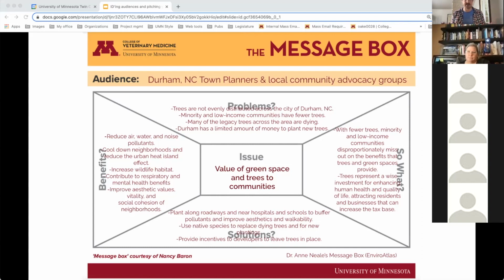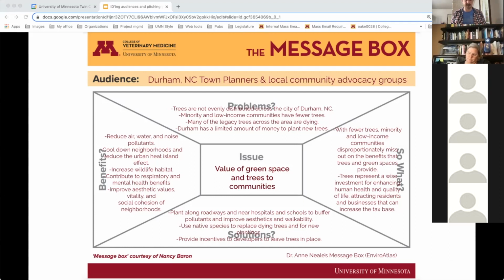She put this together as part of a Compass workshop to illustrate how the work of EnviroAtlas can inform strategies for different communities to improve their physical spaces, ideally add more green spaces. And she geared this one to the area where she lives, which is Durham, North Carolina.